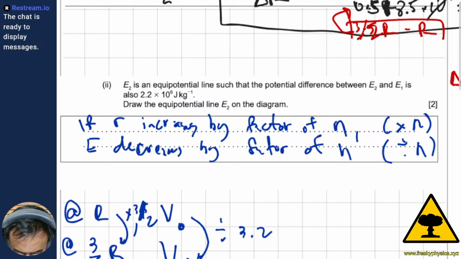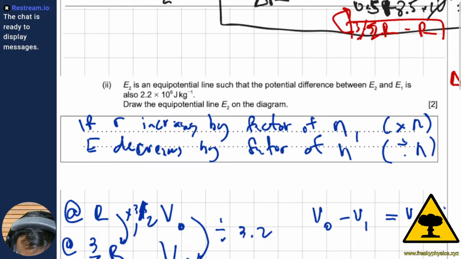Okay, so what's going to happen here now? What if we do the subtraction, V0 minus V1? If we do the math first, this is going to become V0 minus 3V0 over 2, and as we mentioned earlier, this is going to give us negative 1/2 V0.